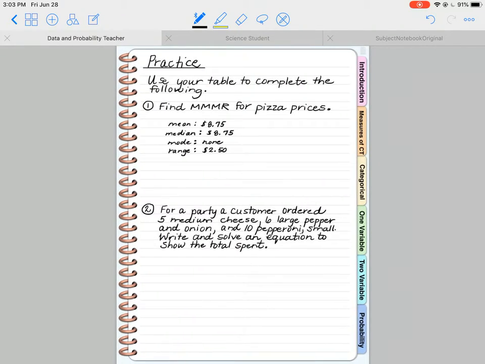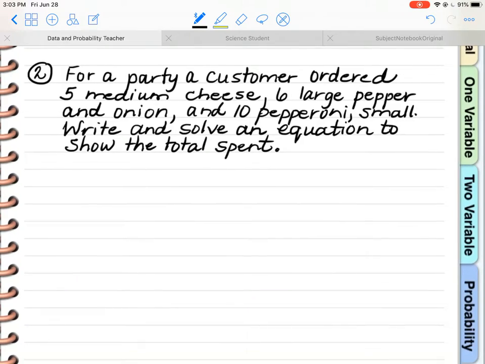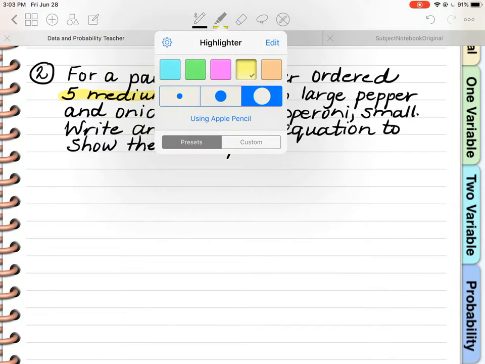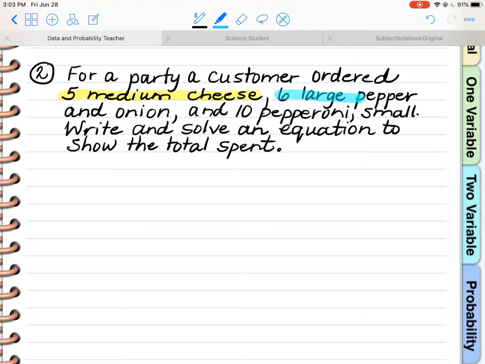Okay, here is one more question. For a party, a customer ordered 5 medium cheese, 6 large pepperoni, and I completely left off the onion. I'm sorry.